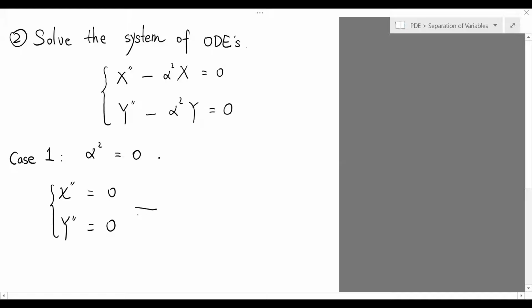By integrating those two functions with respect to the corresponding variables, not once but twice, we end up with the conclusion that capital X is equal to C sub 1 X plus C sub 2, and capital Y is equal to C sub 3 Y plus C sub 4.